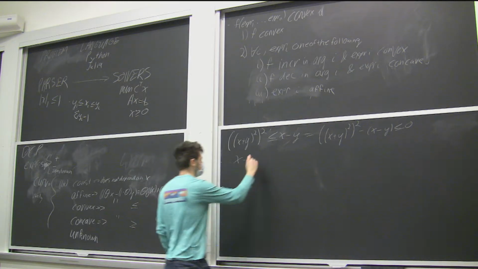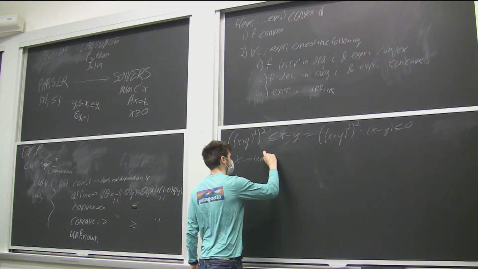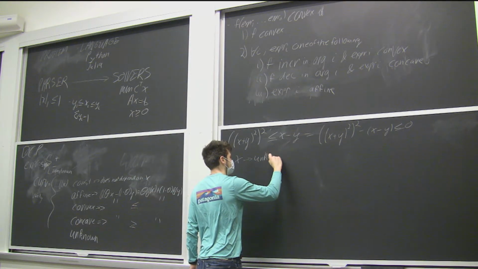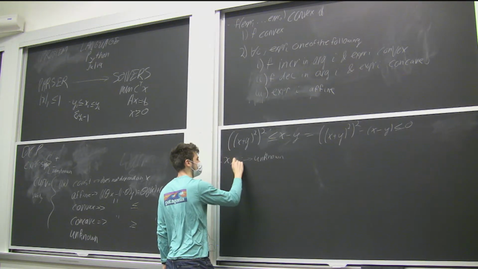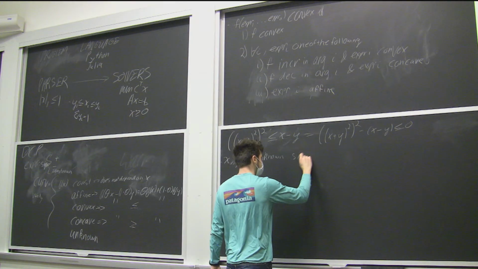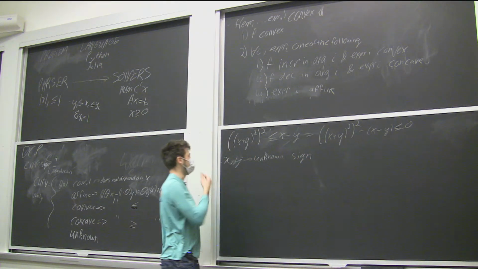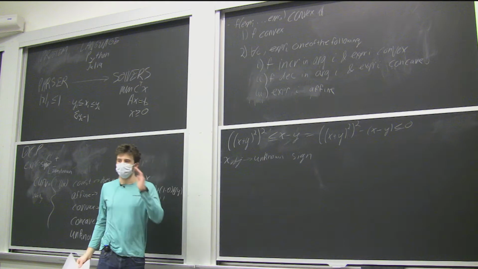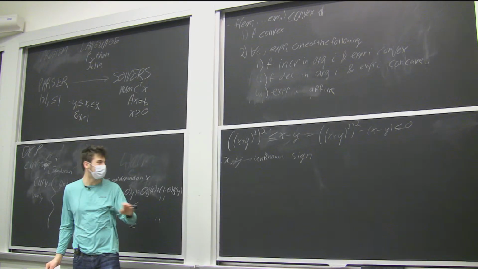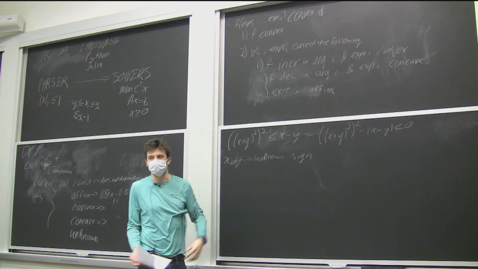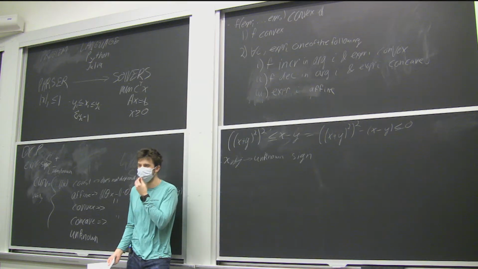Unknown. And same with Y. Okay, so the function X is just a line, and so that's obviously convex. So is the function X plus Y convex, concave, affine, or unknown?